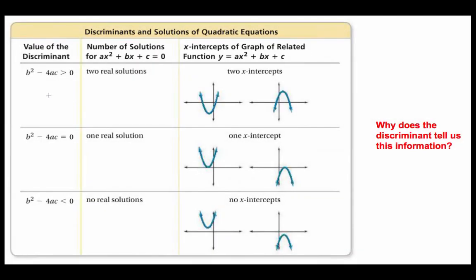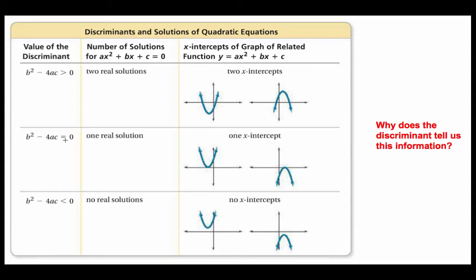Here's the relationship between the discriminant, the number of solutions, and the x-intercepts of the graph of the related function. The number of solutions tells us how many x-intercepts there are, so the value of the discriminant gives us that clue.